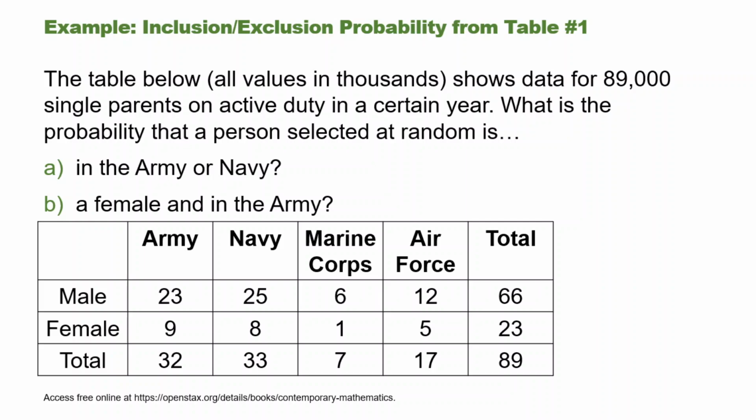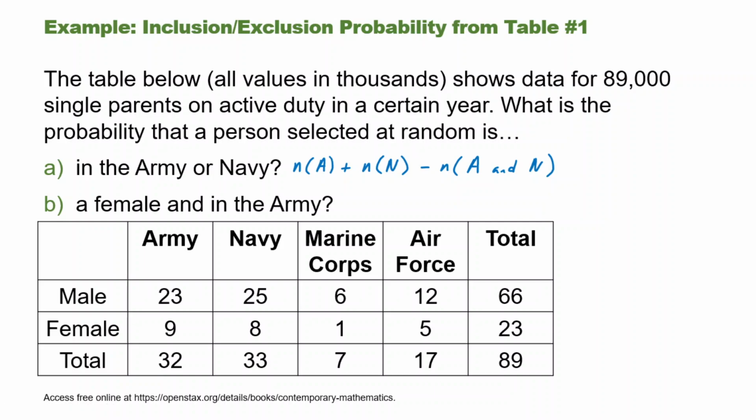So for part A, in the Army or Navy. Well, being in the Army or the Navy consists of the number of parents in the Army plus the number of parents in the Navy minus the number of parents that are in the Army and the Navy.